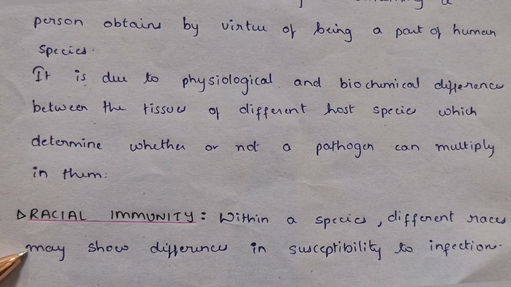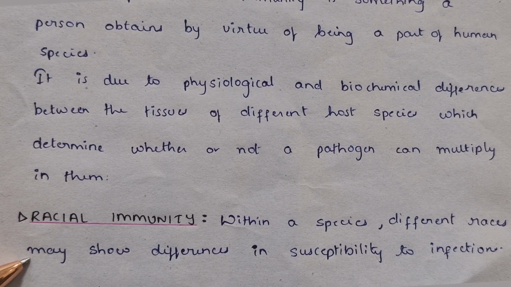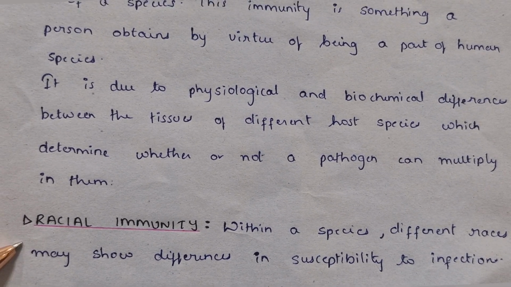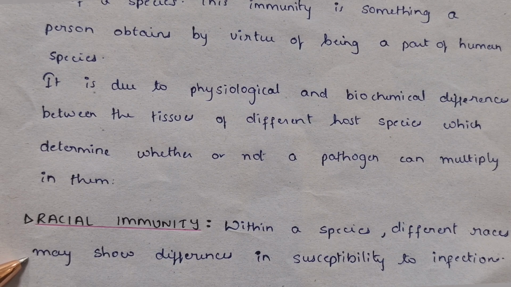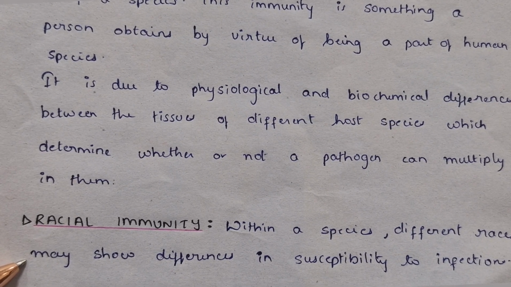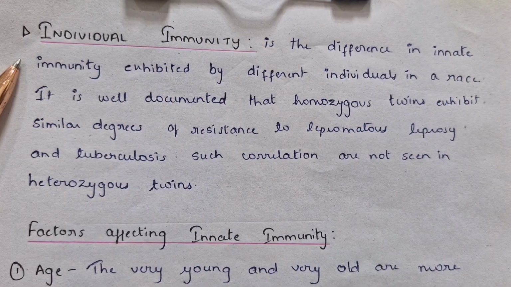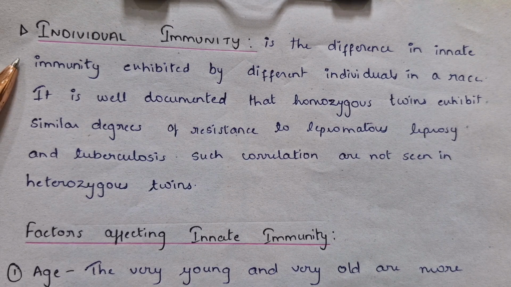The second one under innate immunity is the racial immunity. Within a species, different races may show differences in susceptibility to infections. And the third one under innate immunity is the individual immunity.